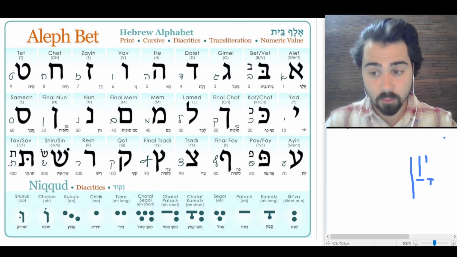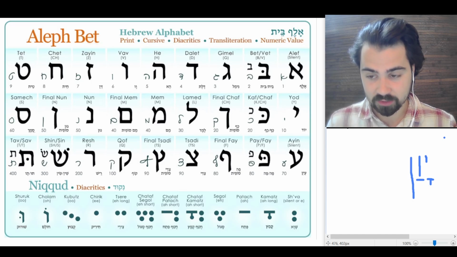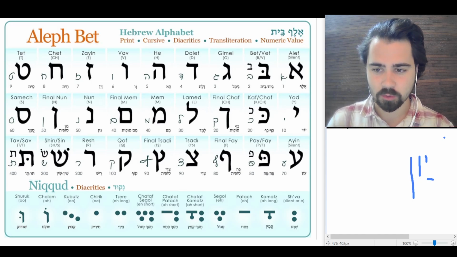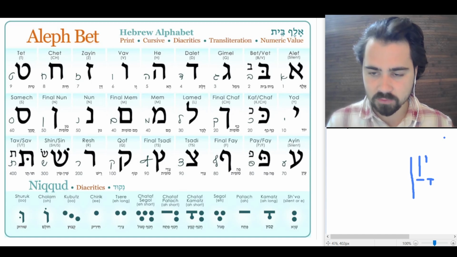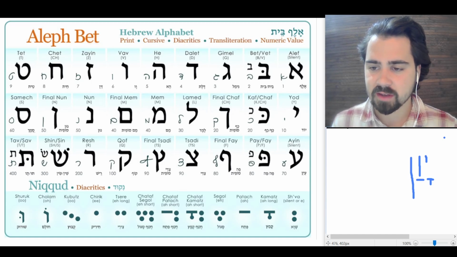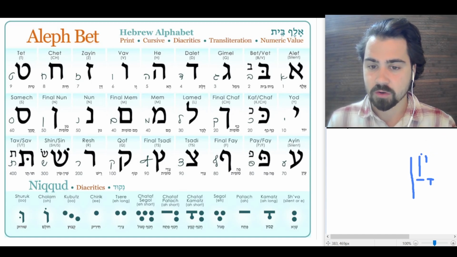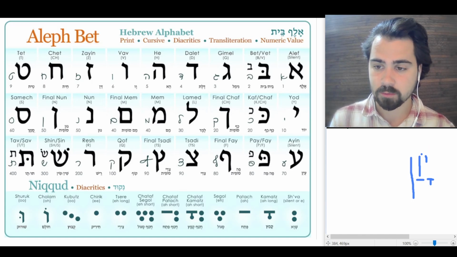Okay, so I wrote here a word. This is an actual word. It looks like this. Without Nikud, it's even more funny looking, but with Nikud, let's try it. Let's attempt reading it. So we already have the tools to read it, so let's go ahead.